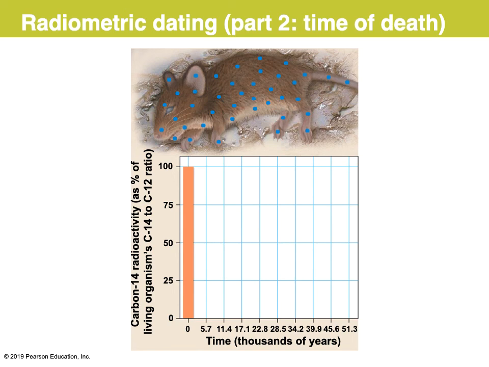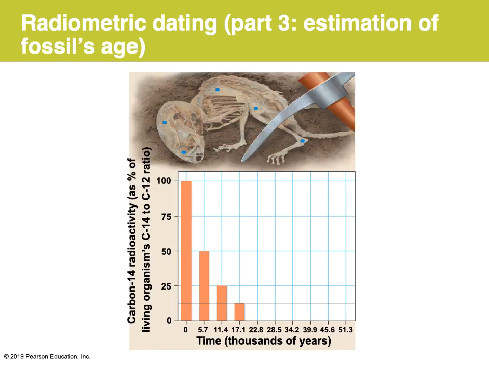So let's take this over here. At death, it was 100% carbon-14. The amount of time it takes to get to 50% of the carbon being carbon-14 and the other 50% being carbon-12, well, that's 5.7 thousand years, 5,700 years.